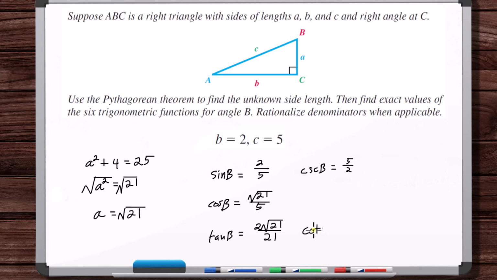Okay, so cotangent of B is adjacent over opposite, so lowercase a over lowercase b, so root 21 over 2. And secant of B, 5 over root 21 times root 21 over root 21, so 5 root 21 over 21.